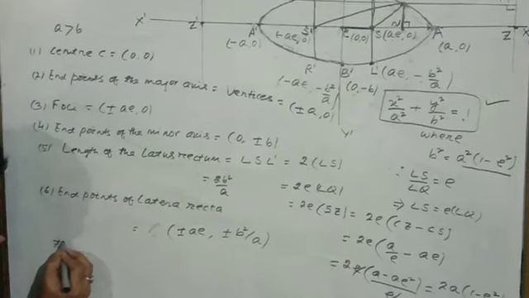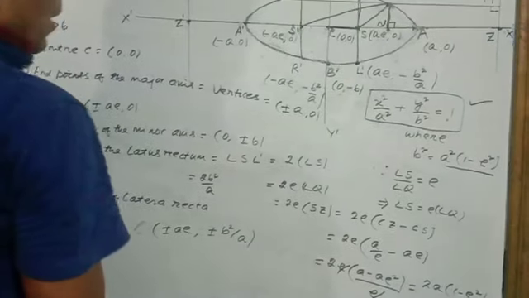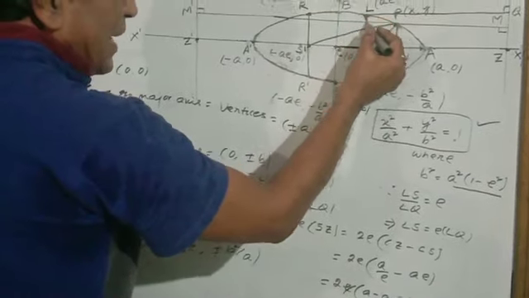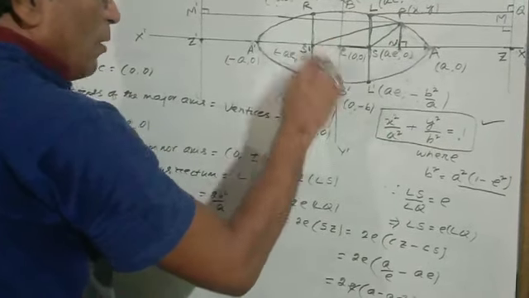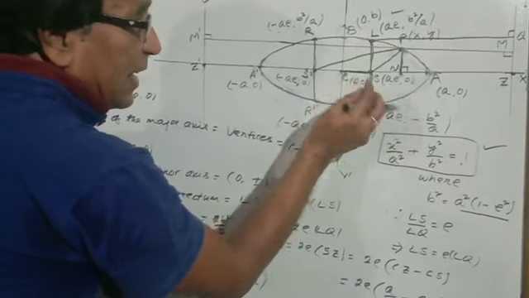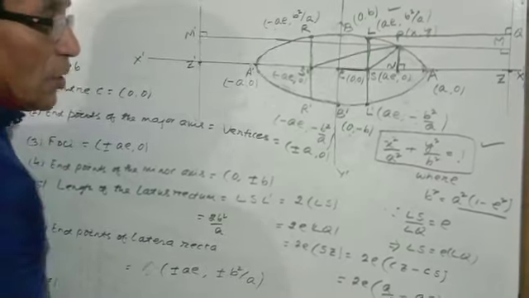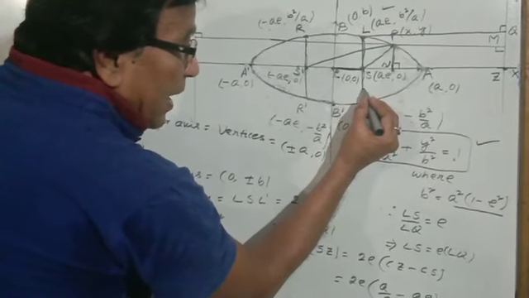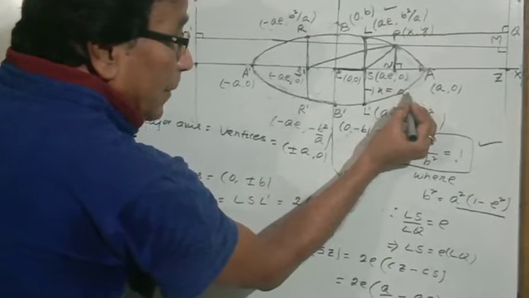Now next, 7th point: what is the equation of the lateral recta? This is one latus rectum, and this is another latus rectum. What will be the equation of this latus rectum LSL dash? It is a line parallel to the y-axis and cutting the x-axis at a distance AE from the origin. So its equation is x is equal to AE.